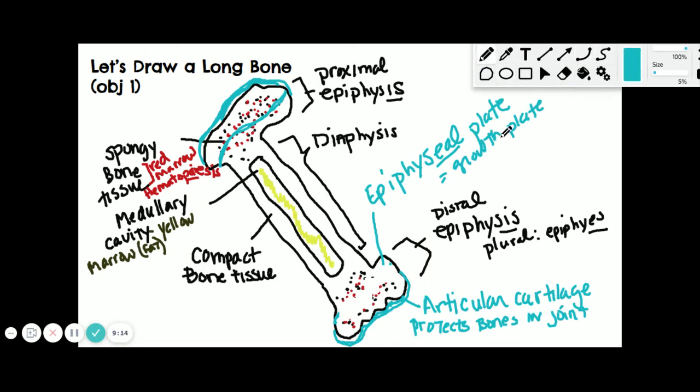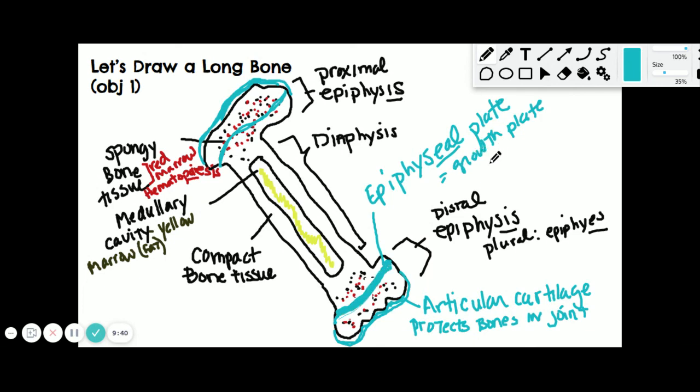And so as you get older, this region is no longer active, and so it seals and ossifies and becomes solid bone. And you can see it just as a faint line of where those cells used to be. But in a growing individual, we're going to see that as a wide band. And so the younger you are, actually, the bigger this region or this gap appears in a radiograph.